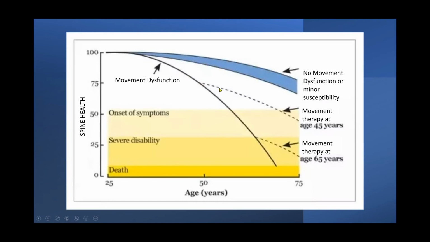If we get you too late though, you may still develop symptoms because you cannot defy aging. There is no elixir of youth, and even once you start moving well, the body will still undergo normal age-related degeneration. And at some point, the degeneration, the structural changes may start to cause symptoms of pain and disability.